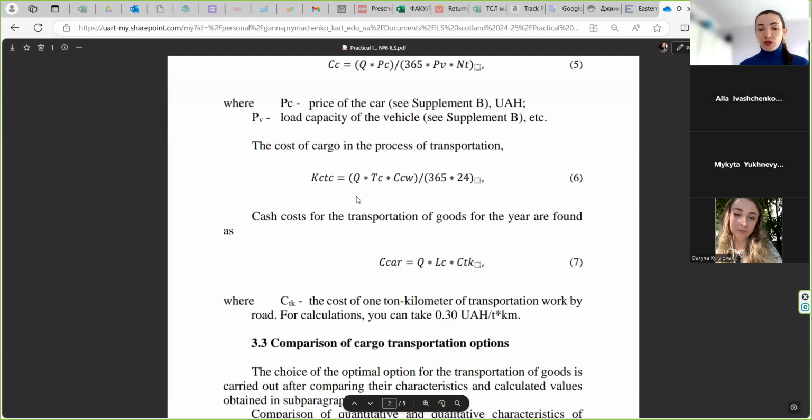So if you have the first variant, for example, you write 47.5 thousand tons and multiply by 1000. Multiply by the result of our formula number 1. It is our time of delivery, T with index C.